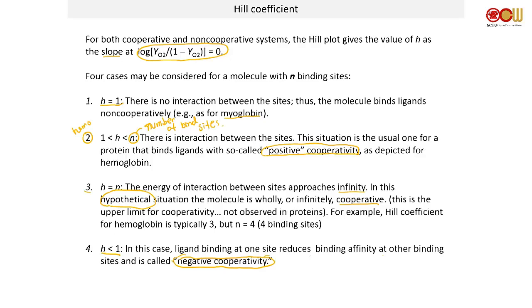So this one is no cooperativity, this one is positive cooperativity, and here you have negative cooperativity. Essentially, that's it. It's really quite simple. Don't worry, this is not super important. I'm more interested in you understanding the principles.